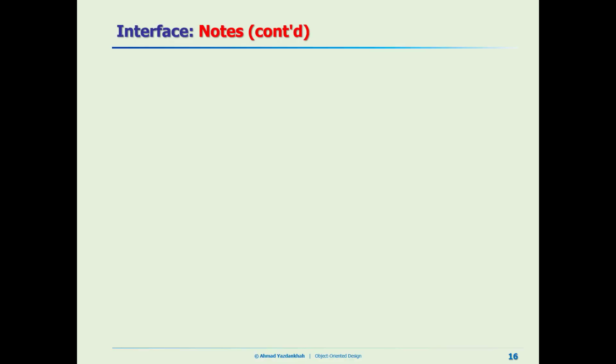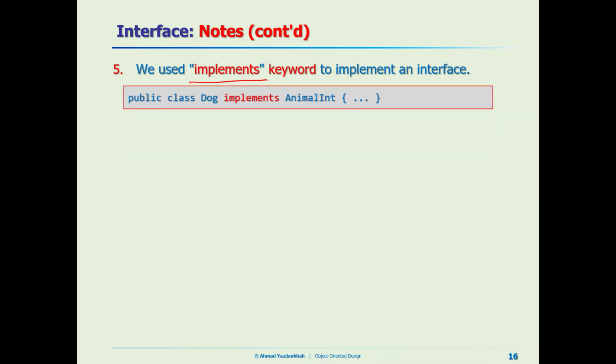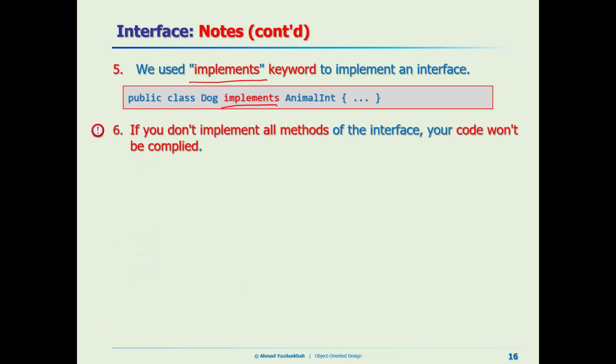Now let me mention some notes about the interface. As we said, we use the implements keyword to implement an interface inside the dog class, right? And we noticed that if we don't implement all of the methods that are mentioned in the interface, then the code won't compile.